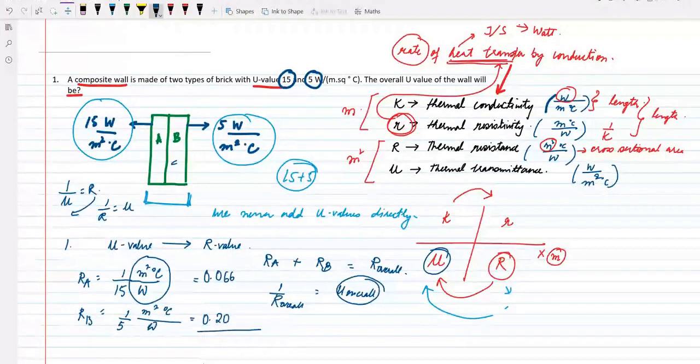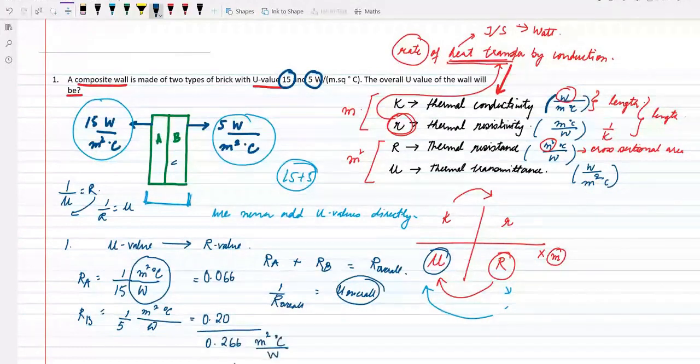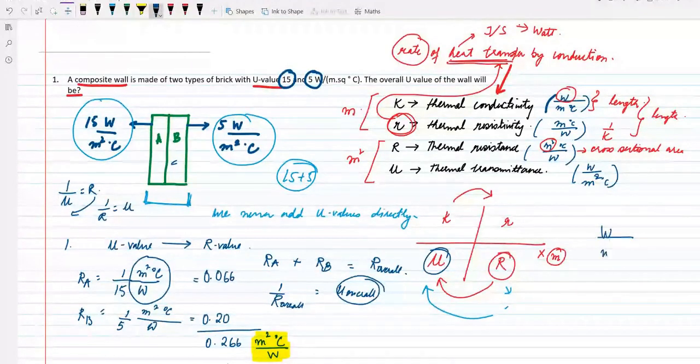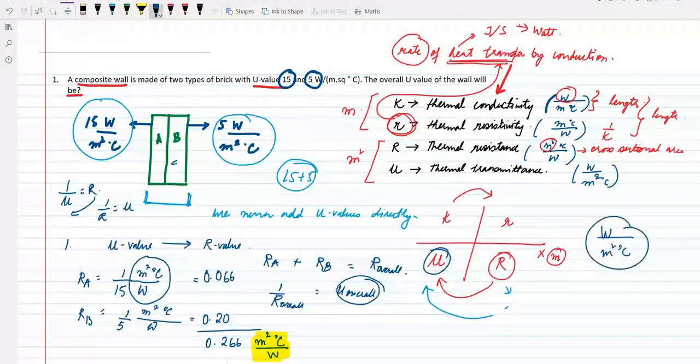What you'll get is 0.266 meter square degree Celsius per watt. Fine. Now if you see the units, it's meter square degree Celsius per watt, right? What we want is U value, overall U value. What's the unit of U value? Here I wrote watt per meter square degree Celsius. Relate it with this. You can directly find out that what you have to do next is just reciprocate it.